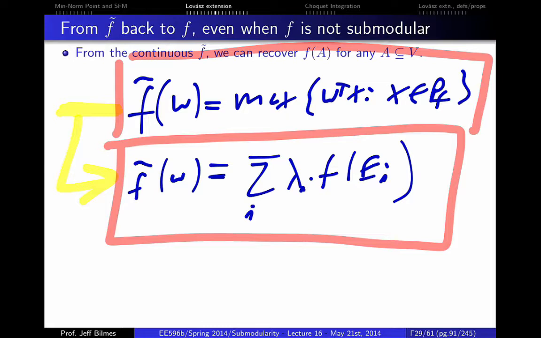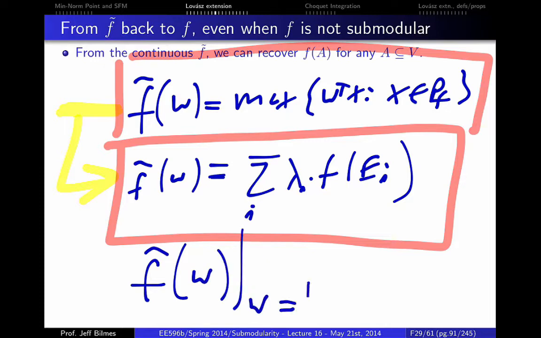And then what this slide is intending to ask is, what are the valuations on the points of the hypercube? For example, we could evaluate f tilde of w where w is equal to 1 of a for some a. What's that going to equal? That's the question we want to answer in this slide. I don't think I was clear in this.